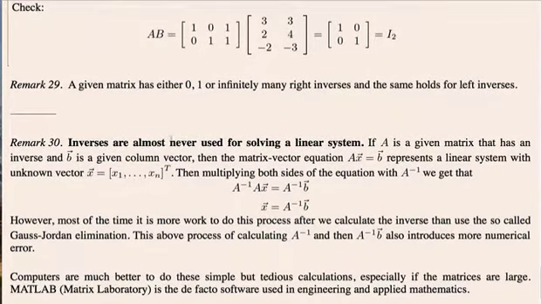Let me also mention that inverses are almost never used for solving a linear system. If A is a given matrix that has an inverse, and b is a given column vector, then you can write this matrix vector equation down, Ax equals b, and this represents a linear system with unknown vector x that has components x1 to xn.